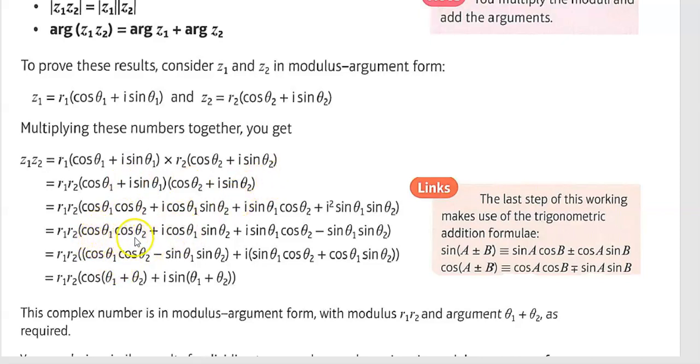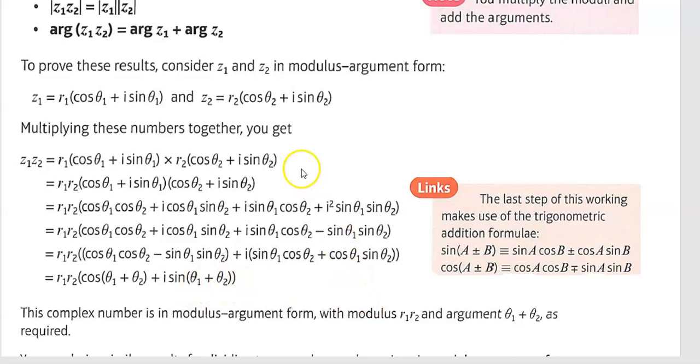So cos theta 1 cos theta 2, minus, if I group the real parts together, cos theta 1 cos theta 2 minus sine theta 1 sine theta 2, plus i times sine theta 1 cos theta 2 plus cos theta 1 sine theta 2. And this thing is equivalent to cos of brackets theta 1 plus theta 2, and this thing is equivalent to sine of brackets theta 1 plus theta 2.